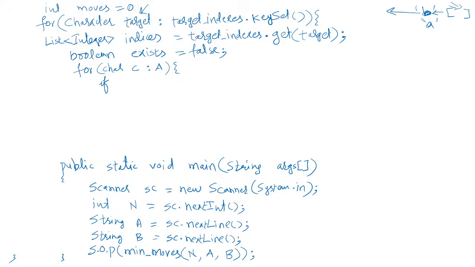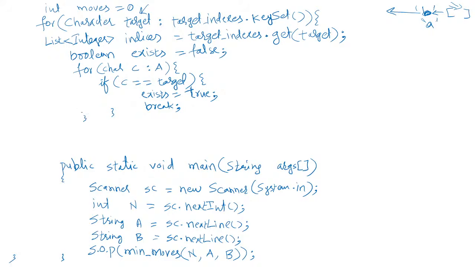I am checking if c is equal to target, then you need to say exists is equal to true, and true in Java is written in lowercase. Then we'll say break. That means even if it exists one time, that is enough, no need to check the entire string. Close this if here and close this for loop here.